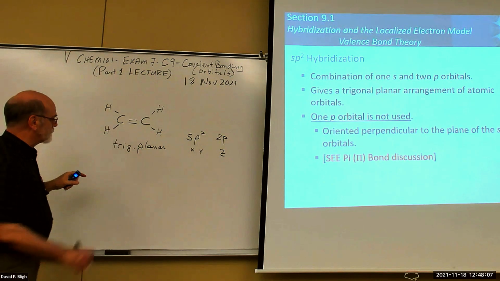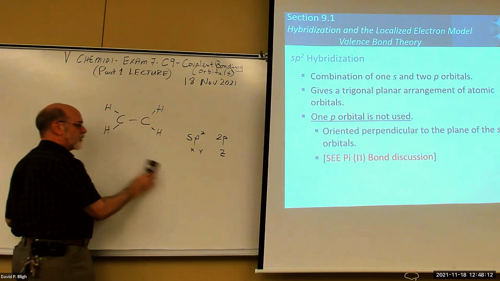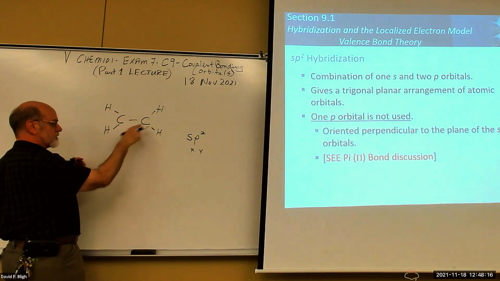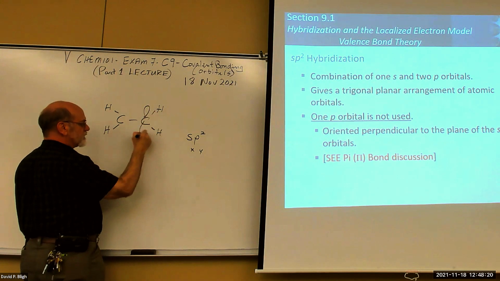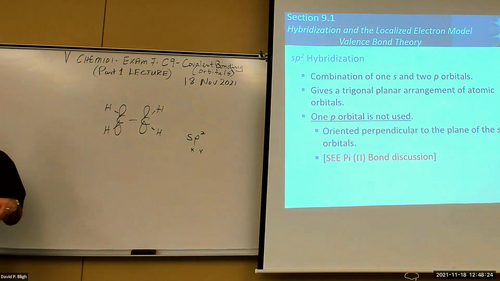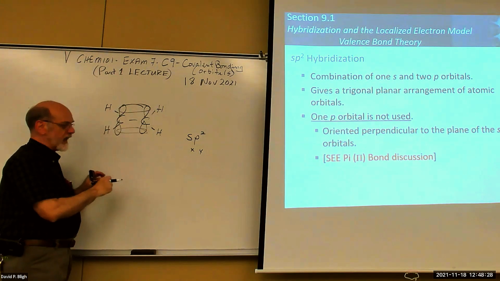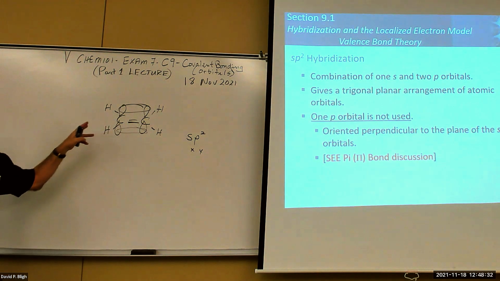And now we've got, let's draw it this way, temporarily. We've hybridized sp2s to give us these equivalent orbitals. Now we've got these unused P's right here. So guess what happened to those? They overlap, and that gives us that double bond.